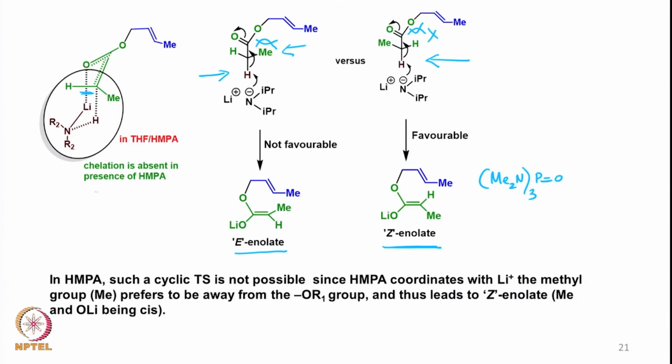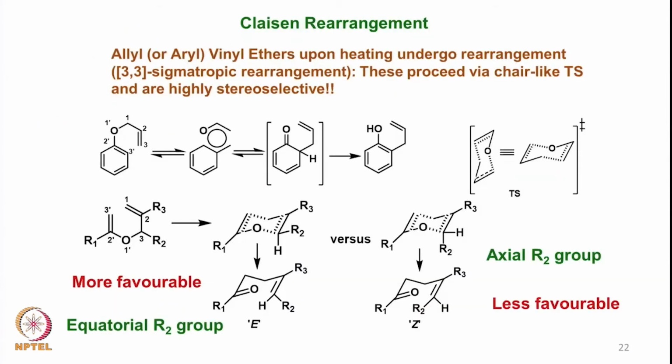So this was the chelation that was possible. In the absence of HMPA, this chelation was possible, but that chelation is absent when we add HMPA, and therefore Z-enolate formation occurs. So this is how the solvent effect of HMPA versus no HMPA determines E-enolate versus Z-enolate formation, and that influences the geometry of the final product.